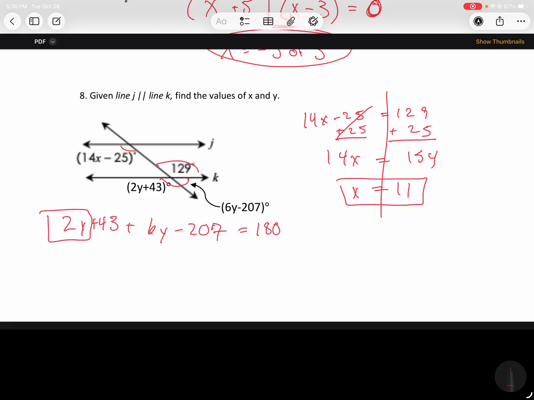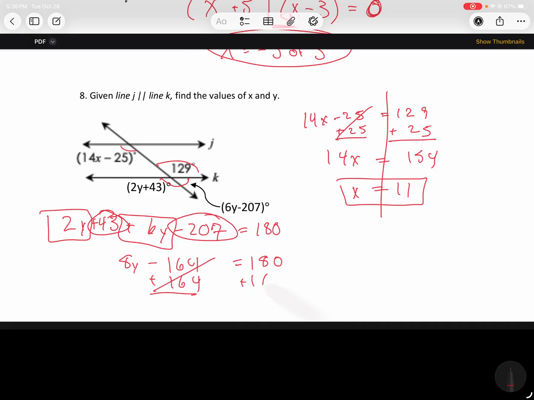So adding my terms together, I'll have 8y minus 164 equal to 180, and I can add 164 to both sides. Gives me 344, and then divide both sides by 8 to get 43.